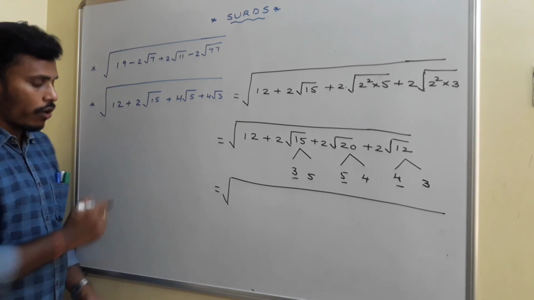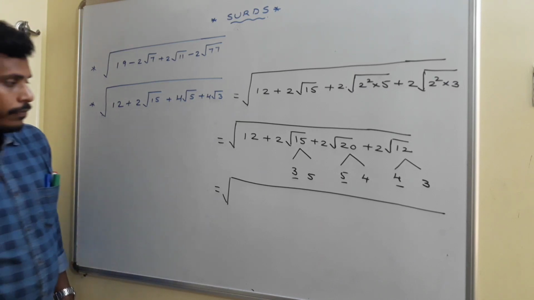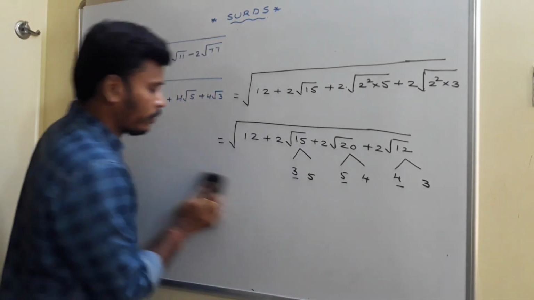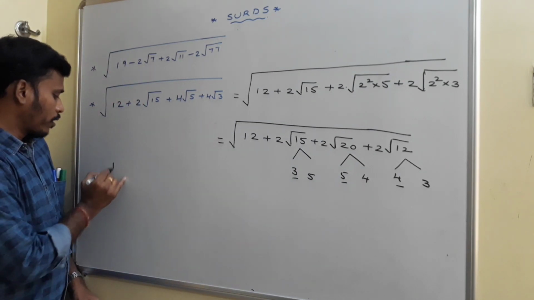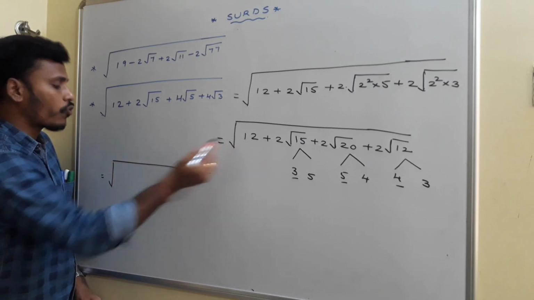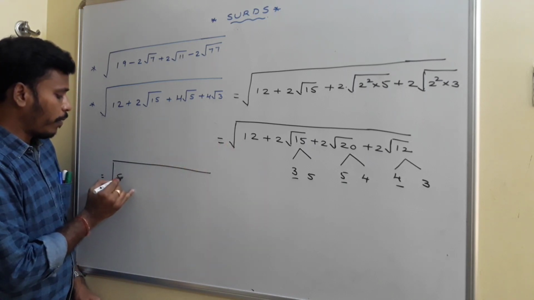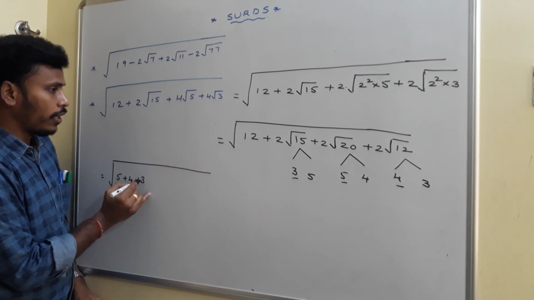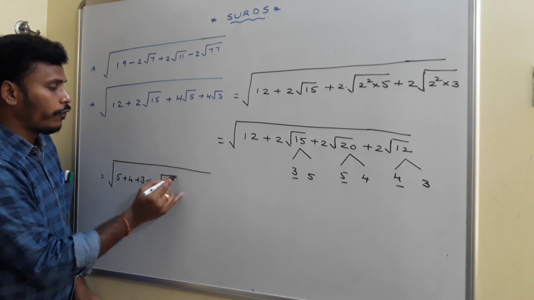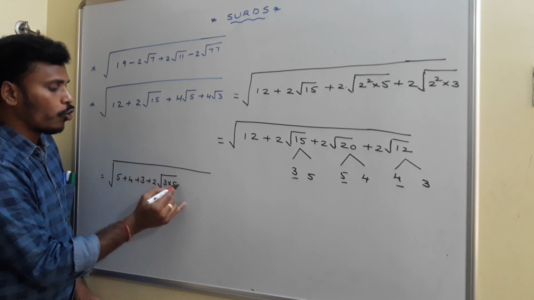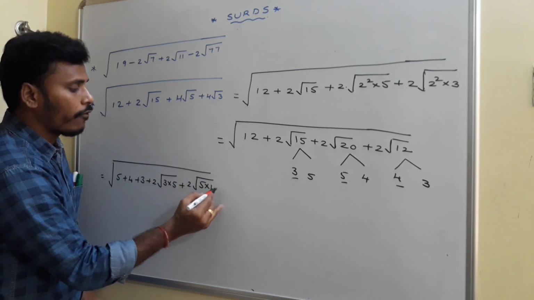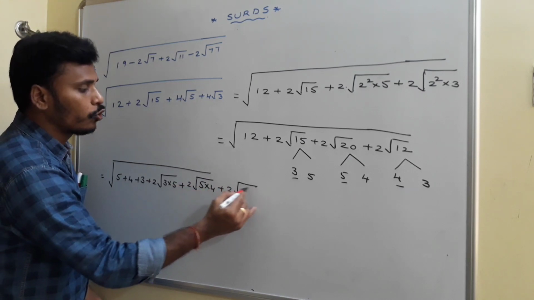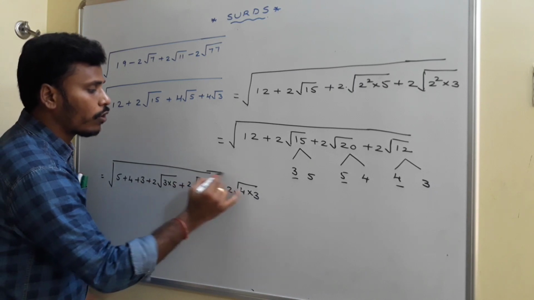The next step for this problem is, this is equals to square root of, you just write this 12 as 5 plus 4 plus 3 plus 2 root 15 is nothing but 3 into 5 plus 2 root 20 is nothing but 5 into 4 plus 2 root 12 is nothing but 4 into 3.